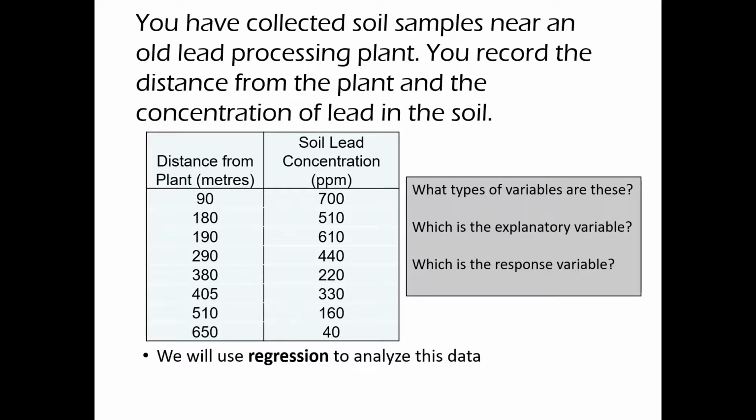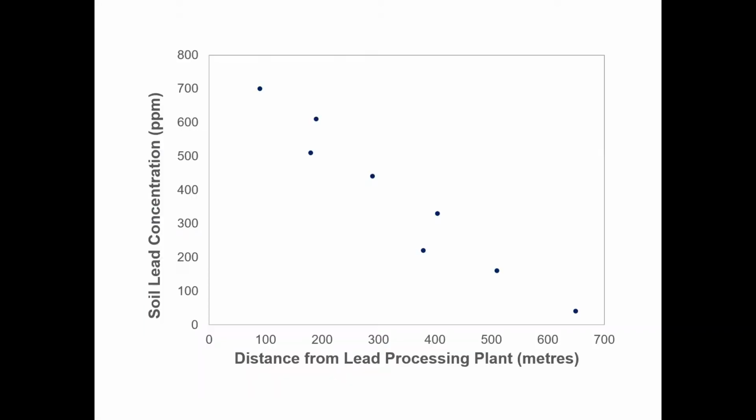So for this one, we will use regression to analyze the data. First, let's visualize the data using a scatter plot. Here is the scatter plot we created, where distance from the plant is on the x-axis and the lead concentration is on the y-axis.